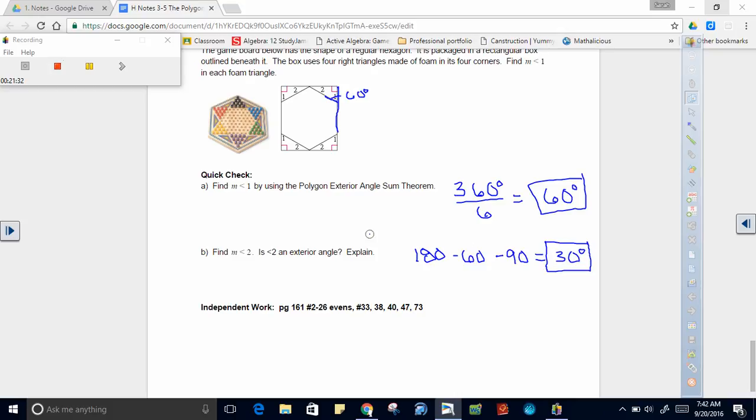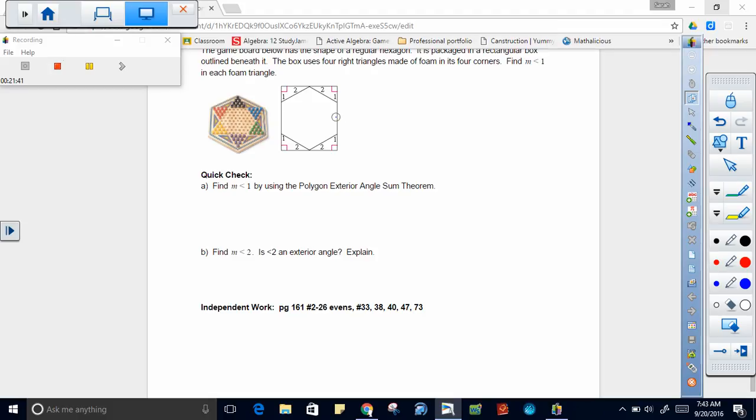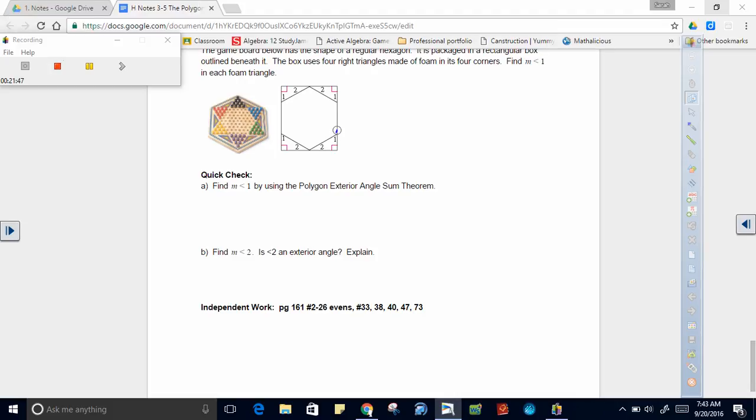And now they're asking, is it an exterior angle? Well, it looks like it because it's on the outside. But let's really look at what's happening. An exterior angle by definition is when you take a side of a polygon and you extend it, right? So like, let's take this side. I'm going to extend it. Okay, angle 1 is an exterior angle. Angle 2 is made up of this side, and if I extend this side, it does not create angle 2.